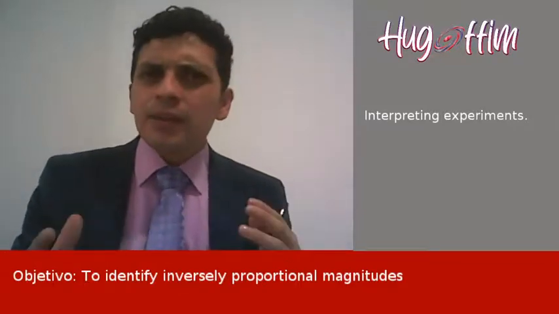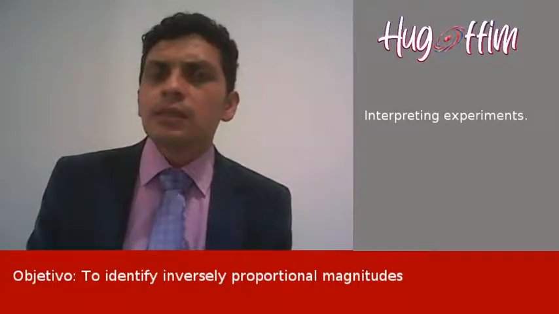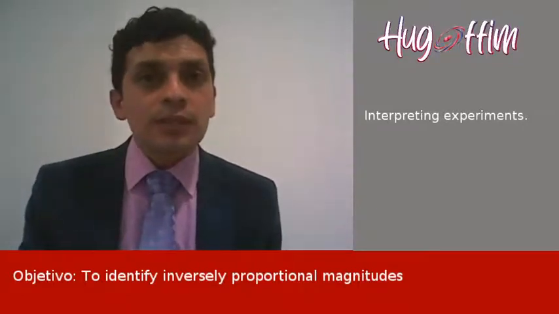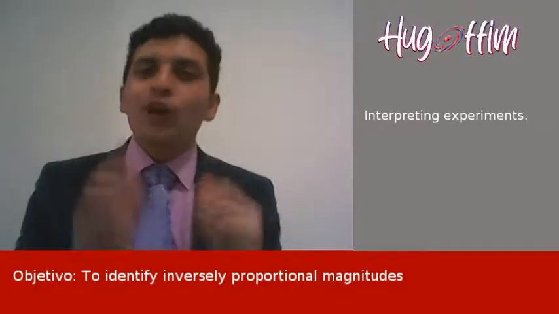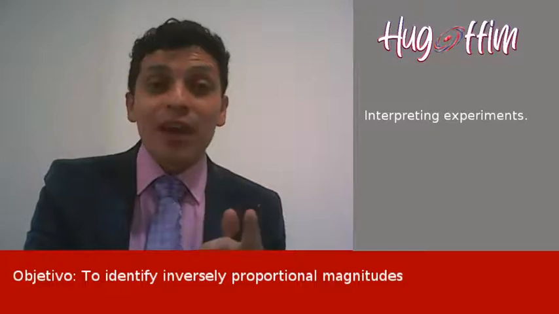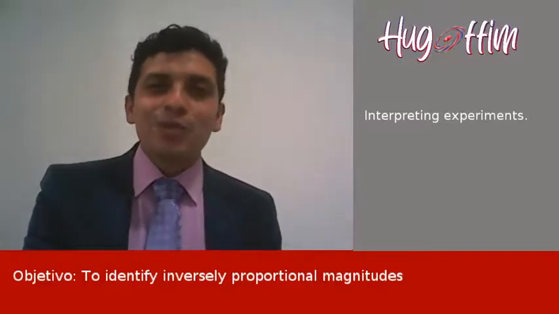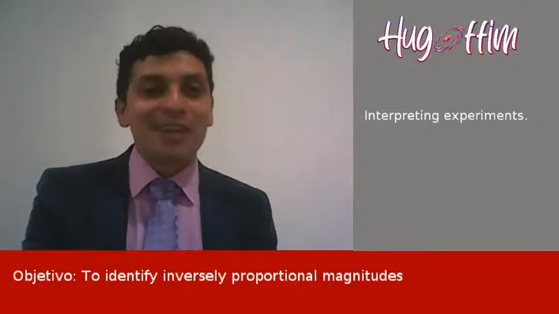And here you can see that when one increases, the other decreases. So we're going to see how to identify when you have this relation between two magnitudes and how you can interpret it using inversely proportional magnitudes.